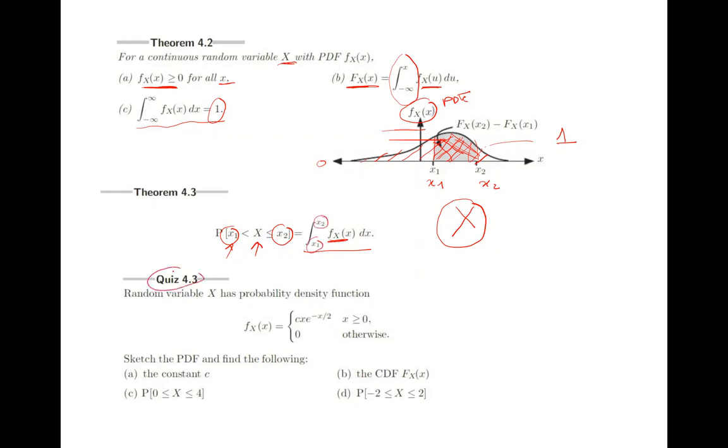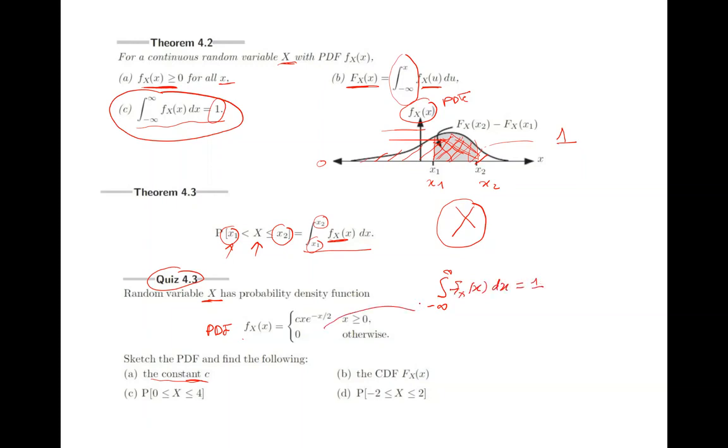Here's a quiz example. We are given a random variable X. Its PDF is here, and it's cx e to the minus x over 2 for positive x values. Determine the constant c. To determine the constant, we have to use this property: the integration of the PDF must be equal to 1.